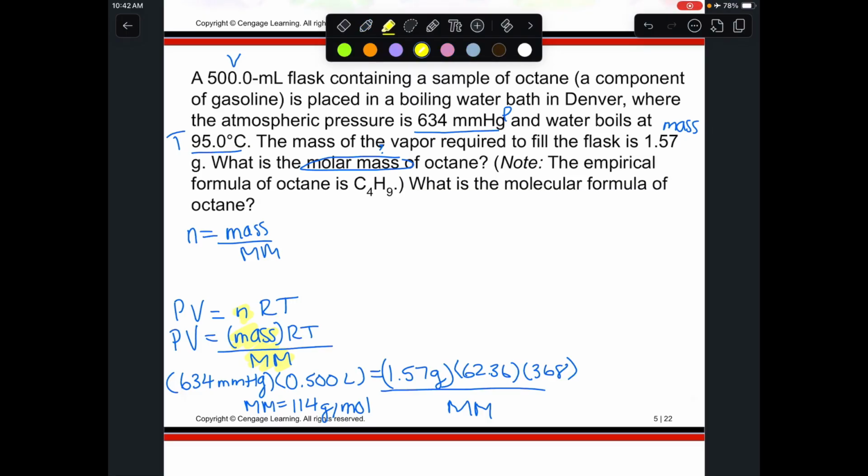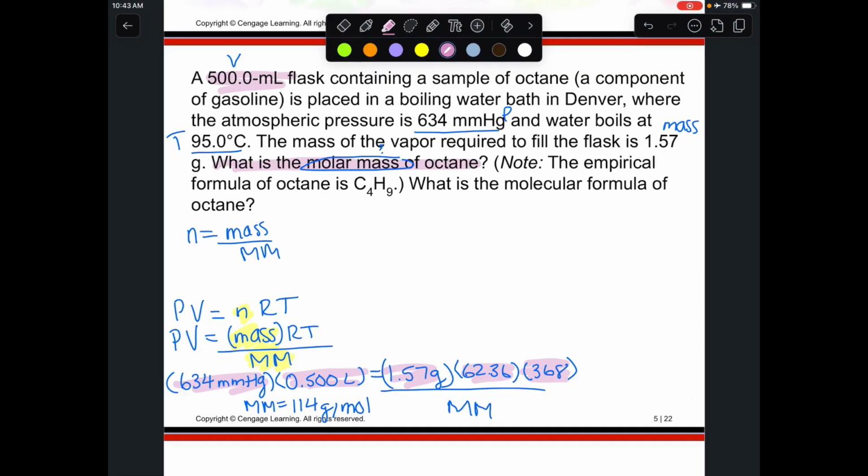I kept millimeters of mercury because that is the same as torr, so I can use that 62.36 R value. And then I changed my milliliters to liters, of course, and I kept my 1.57 grams and converted my temperature into 368. Now I went ahead and solved for my molar mass. I got 114. Remember, molar mass units are grams per mole. So I answered the first question, what is the molar mass of octane? 114 grams per mole.